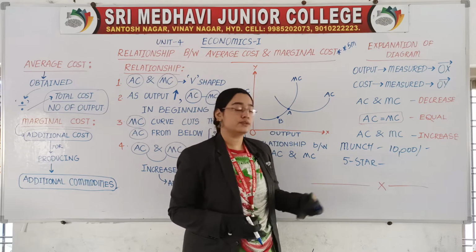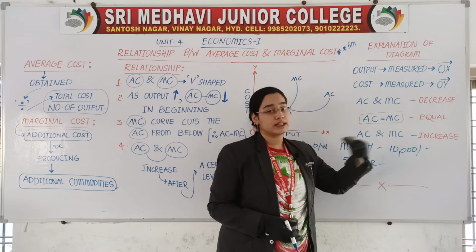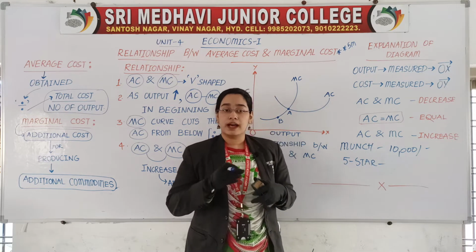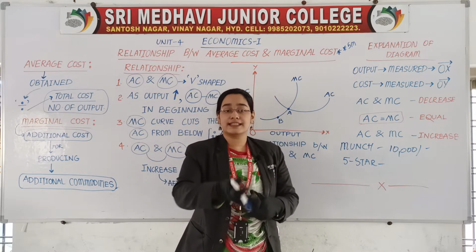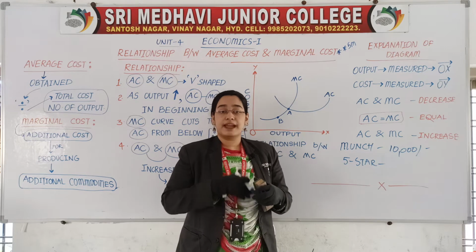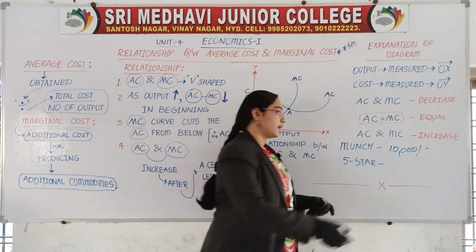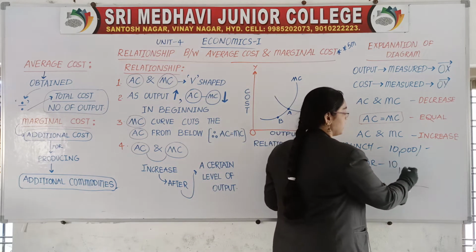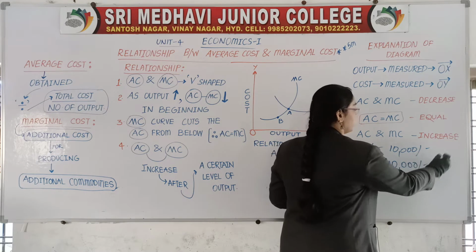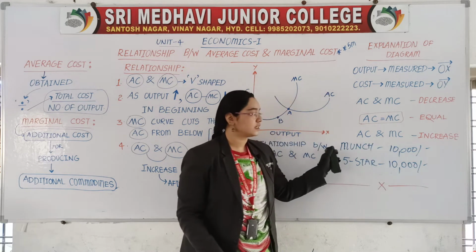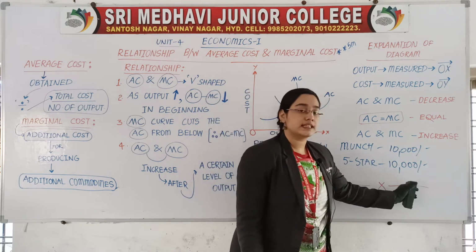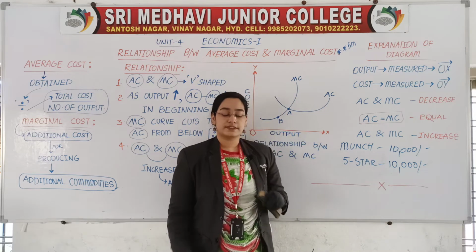So, can I produce Munch and 5 star within 10,000? No, I need some extra expenses, some additional cost. Additional more 10,000 I need to have. With this 10,000 I can produce 5 star.